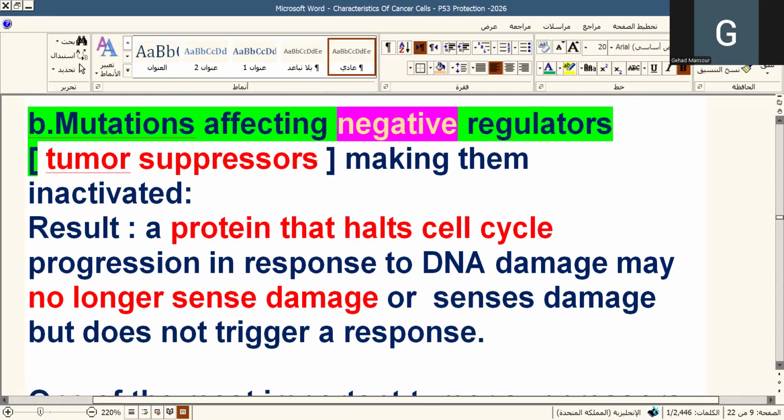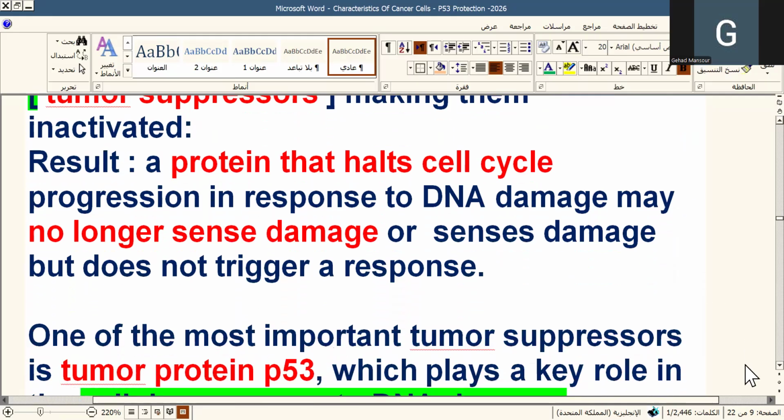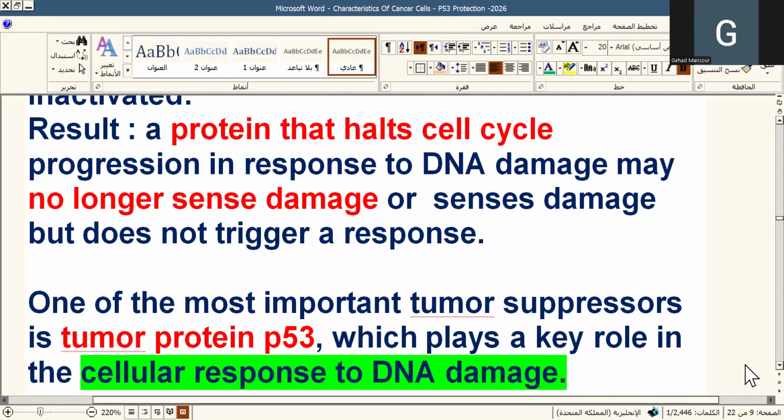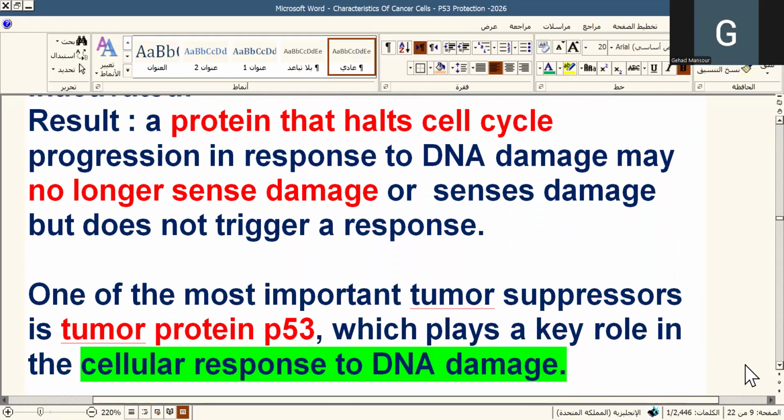But if the tumor suppressor itself, which is supposed to detect the abnormal mutated cancerous cell, is itself mutated, then nothing will stop the cancerous mutated cells from progressing in the cell cycle.